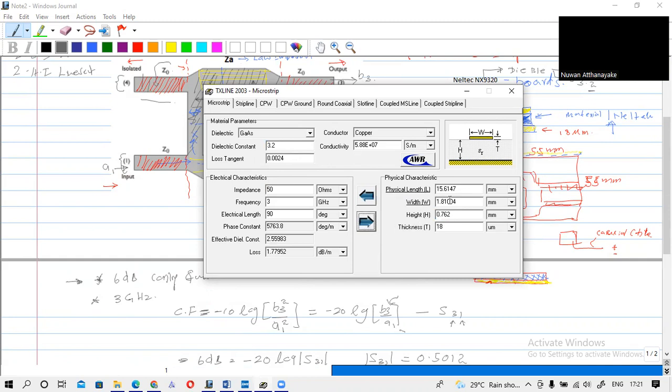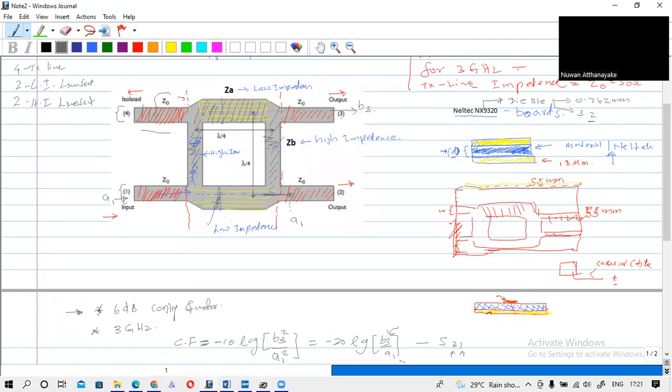So it is around 1.81 millimeter, so I will take it as 1.8 millimeter. I have calculated the width of this transmission line, and that is 1.8.